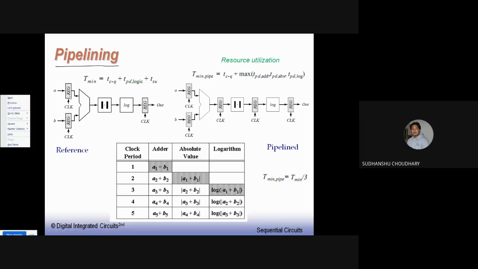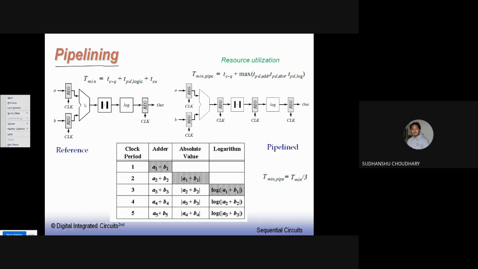Let us say that I want to process two data, that is A and B. These two data are input to this register. They are saved in this register, and when the clock is high, this data will pass into this logic block element.